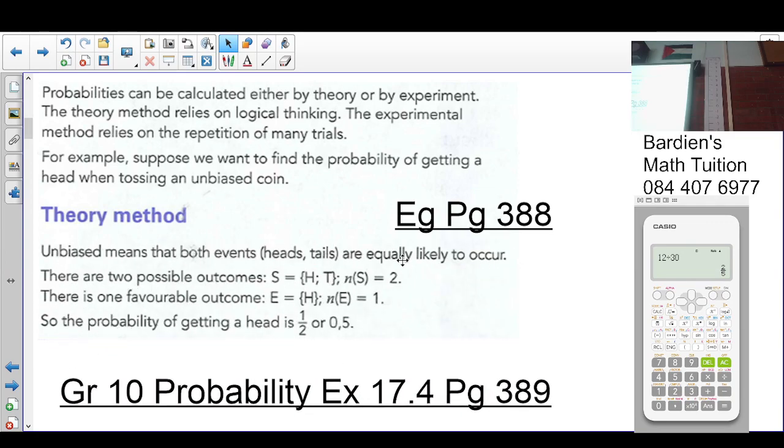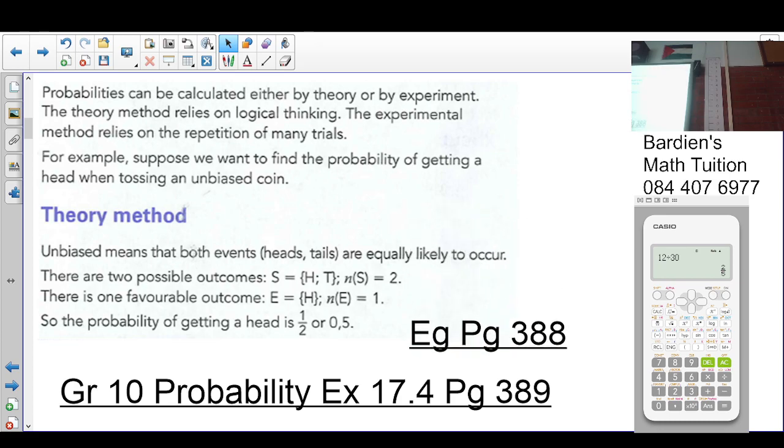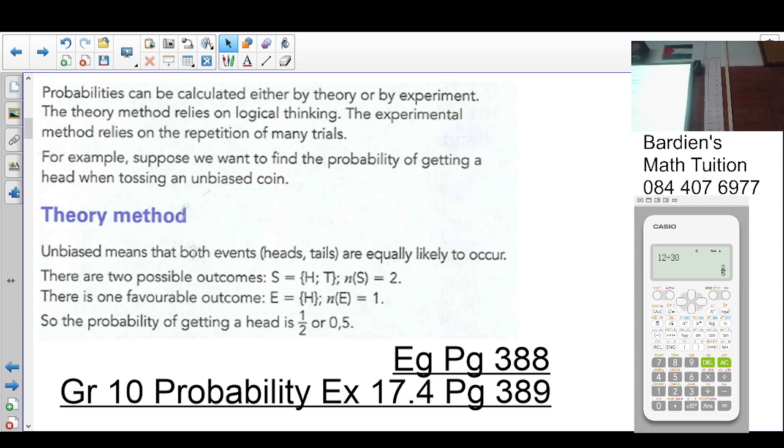Okay, so now we're told on page 388, probabilities can be calculated either by theory, which we're doing so far, or by experiment. Experiment is basically when you're doing it in real life. When we toss a coin, by theory, it can either be heads or tails, so the probability of heads is 1 over 2. But when I toss a coin as an experiment, I'm not going to toss 1 heads, 1 tails, 1 heads.